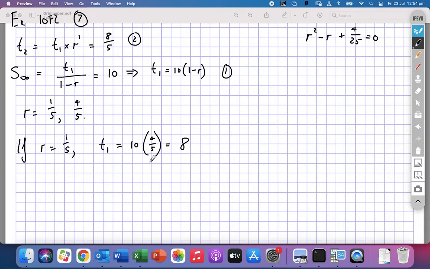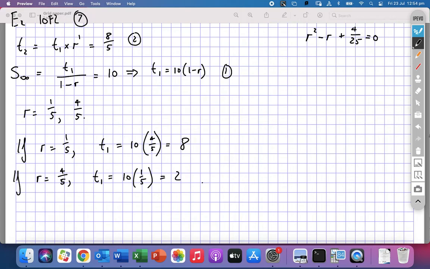And if R equaled 4/5, then T1 would equal 10 times 1 minus R, well, 1 minus 4/5 is 1/5, and 1/5 of 10 is 2.